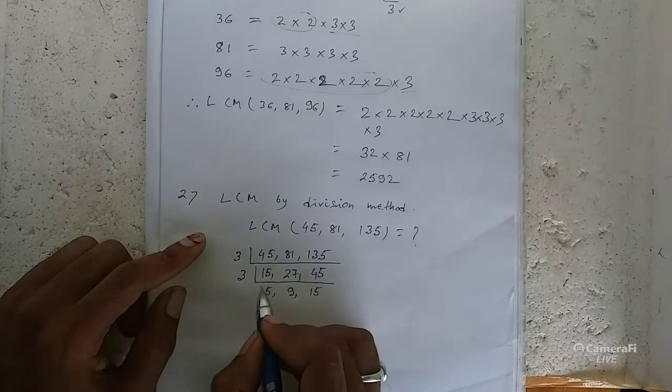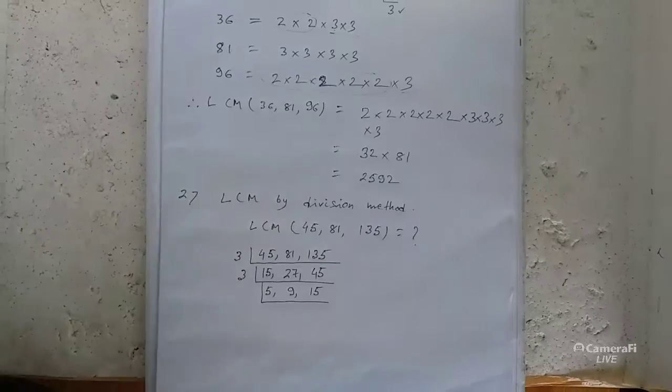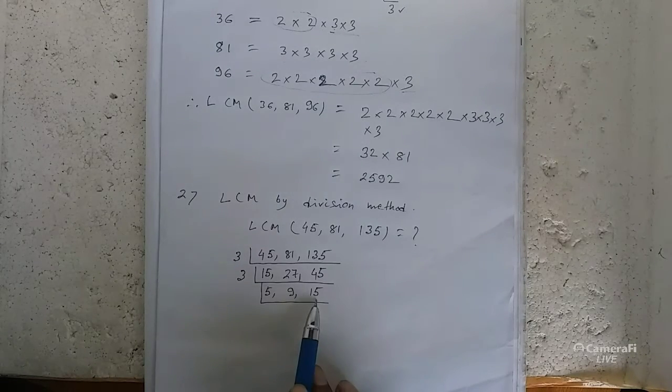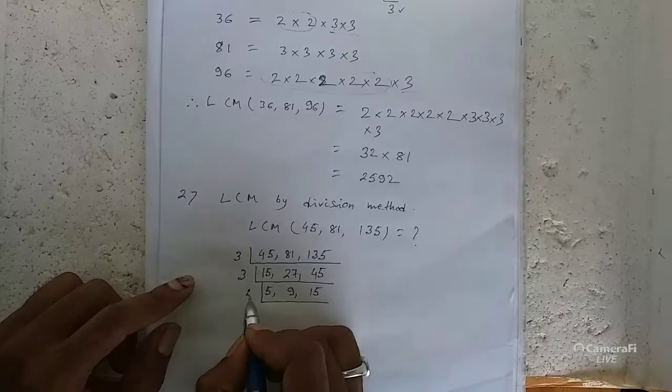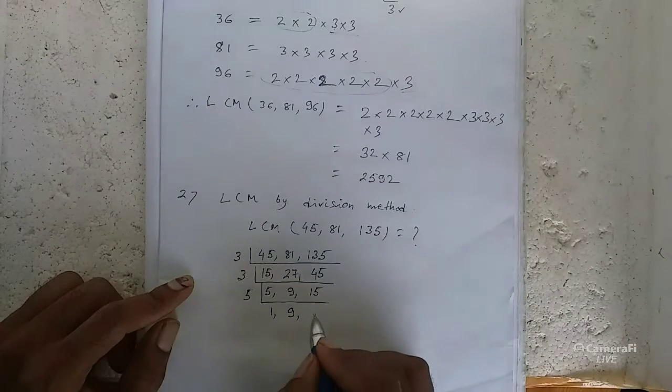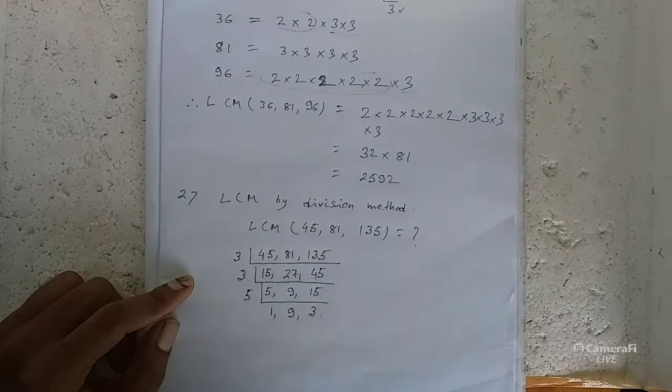Now, there is no number which can divide all these 3, but 2 numbers can be divisible by a single number. Such is 5, and 15 is divisible by 5. Let us take 5. 5 ones are 5, but 9 remains the same, 9, and 5 threes are 15.